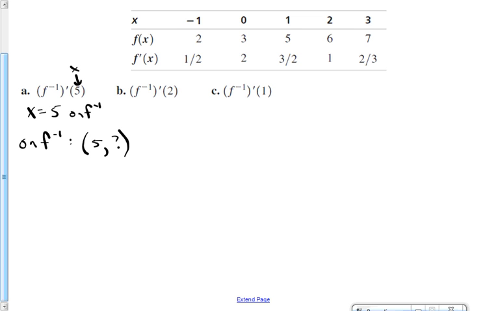Using what you know about inverses, tell me about f. I've given you one thing I know about f inverse. Tell me something you know about f.